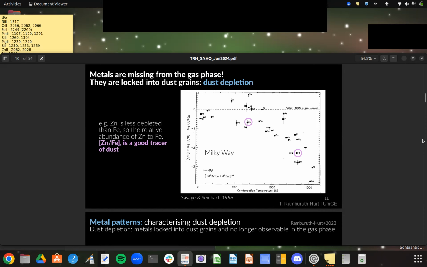This is a plot from a paper in 1996, where we have on the x-axis the condensation temperature of a metal, and on the y-axis its abundance with respect to hydrogen. And you can see that zinc is much less depleted than iron, for example. So if we measure the relative abundances of these two metals, we can trace how much dust is in the gas.